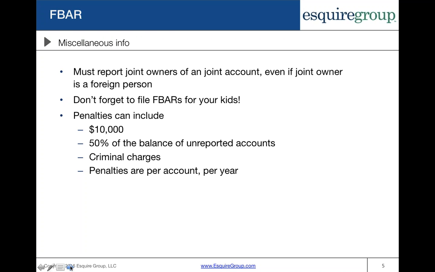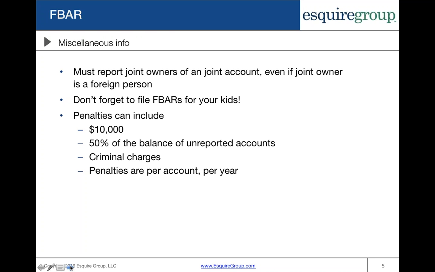Another thing to remember is if the parent signs on the child's foreign financial account, the balance in that child's foreign financial account has to be added to the parent's other foreign financial accounts in calculating that $10,000 filing threshold.